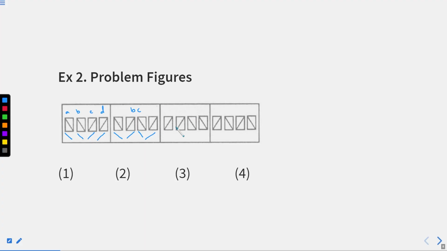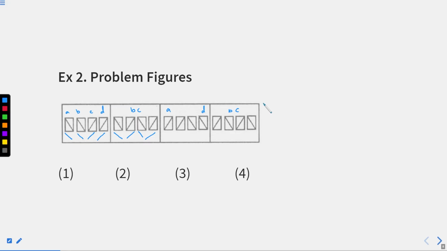Now you can see that B and C have the same diagonal position, but here A and D change their diagonal position. In the fourth figure we can see that A and D have the same diagonal position, but B and C again change their diagonal position.